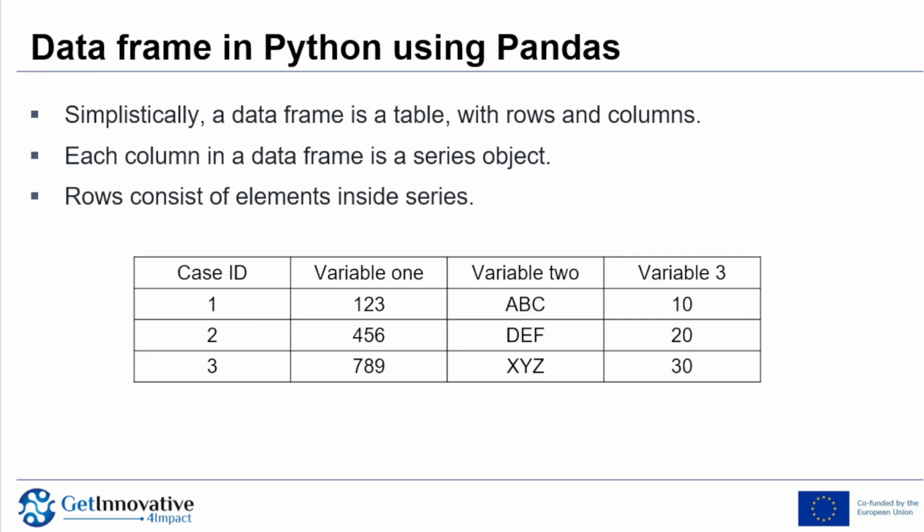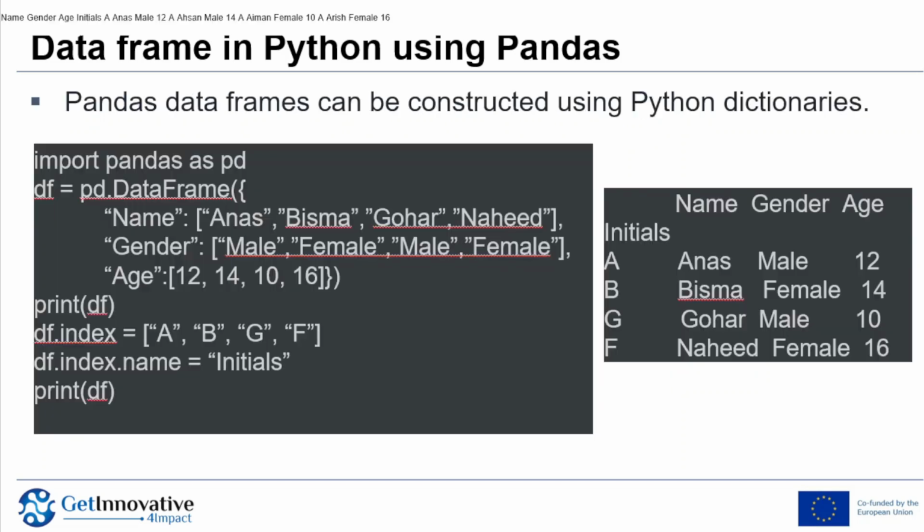Okay, now we're talking about the data frame in Python. How can we create a data frame, a table which basically consists of rows and columns, in Python using the pandas library? So we will use a case ID, then we will have variable 1, variable 2 and variable 3.